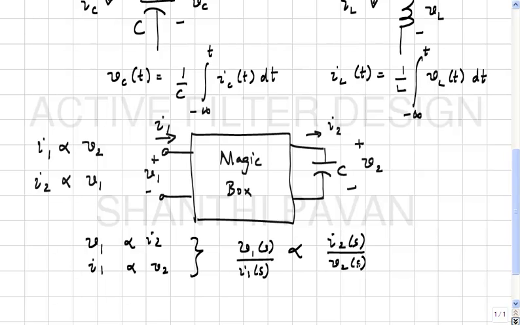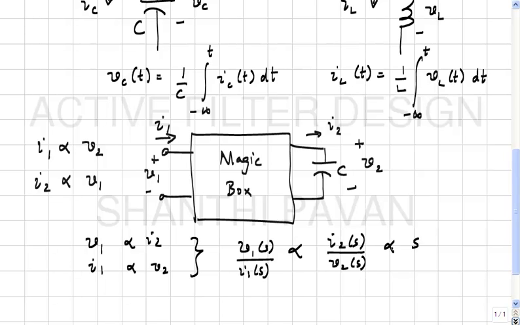Alright. So this I2 by V2 is nothing but proportional to S. Okay. Alright. So therefore V1 by I1, if it's proportional to S, looks like an inductor.